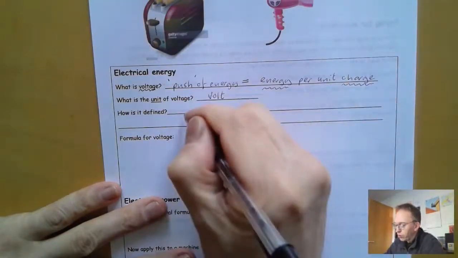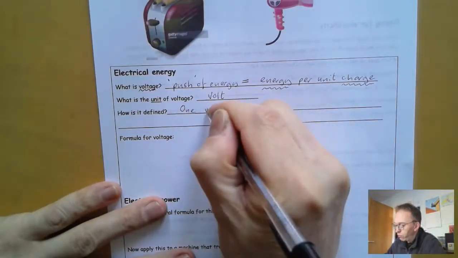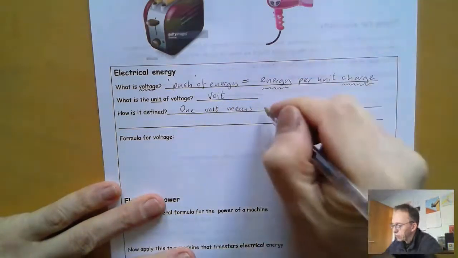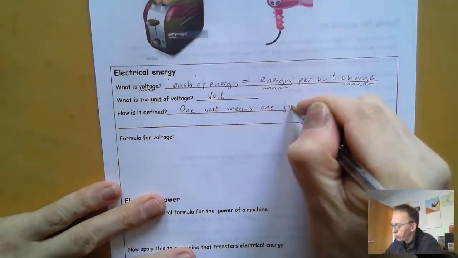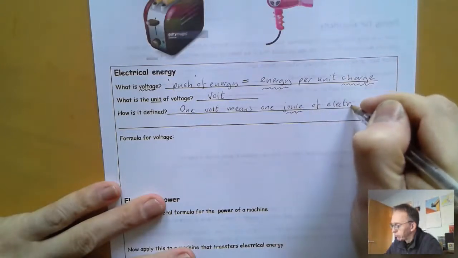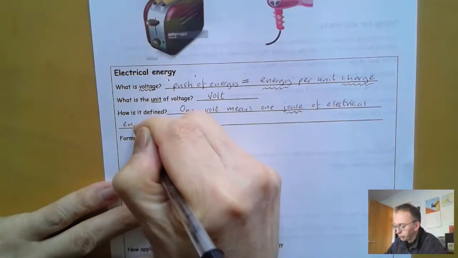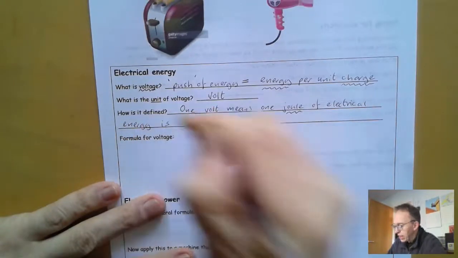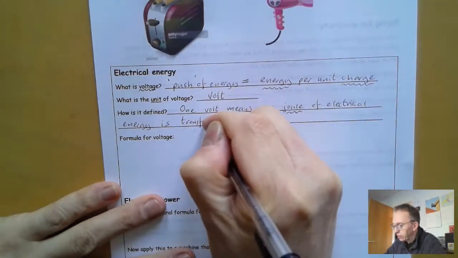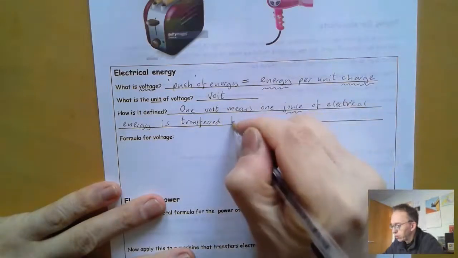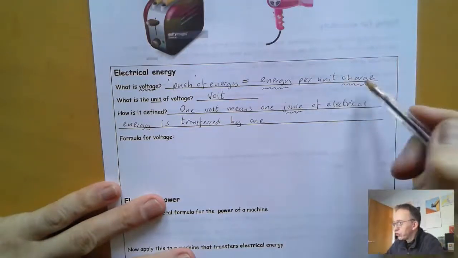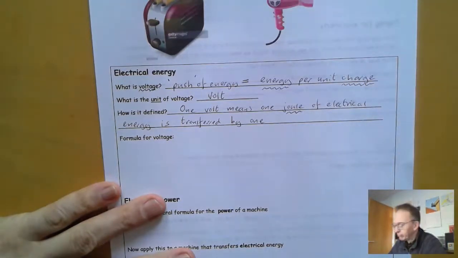Well, 1 volt means that 1 joule of electrical energy is transferred, given or received by 1. Now, can you remember what the unit of charge is? It's the coulomb.